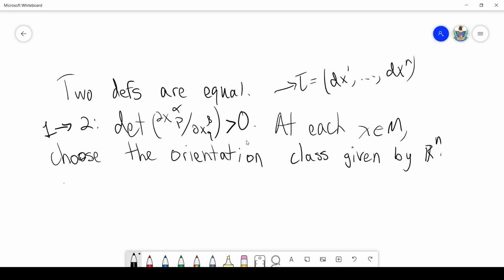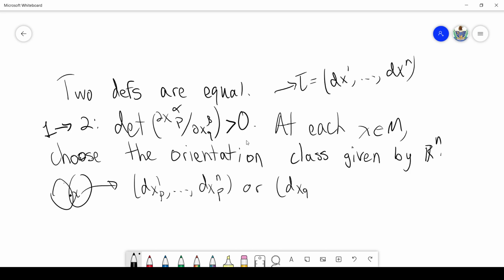If there is an overlap, so if we have a point x in an overlap, there's two possible coordinate systems, and so there's two possible inherited orientation classes, right? We could have dx1p ... dxnp, or we could have dxq1 ... dxqn. We could have the frame coming from UP, or we could have the frame coming from UQ.